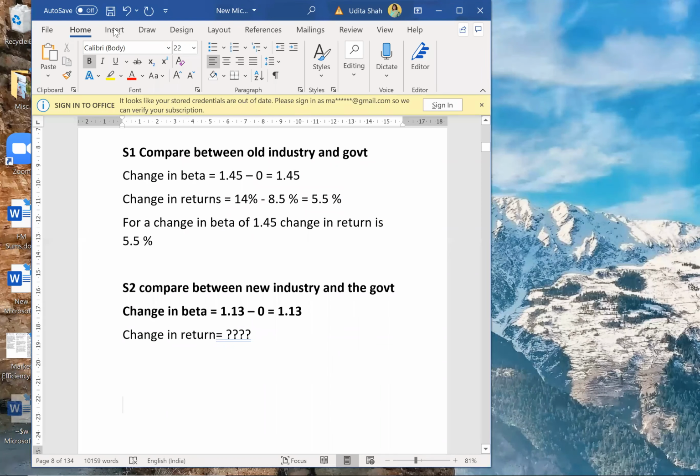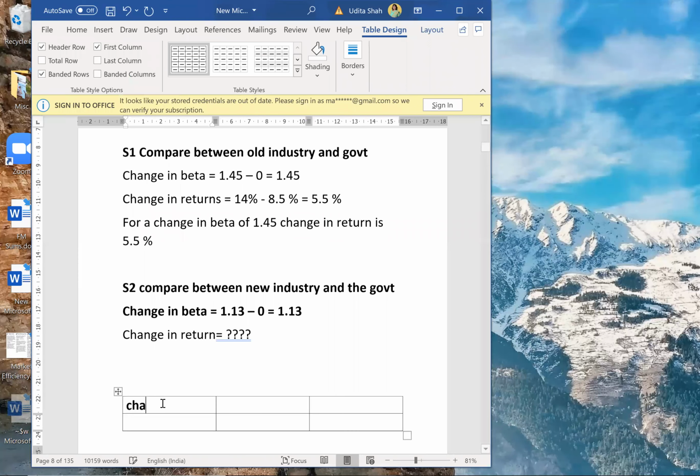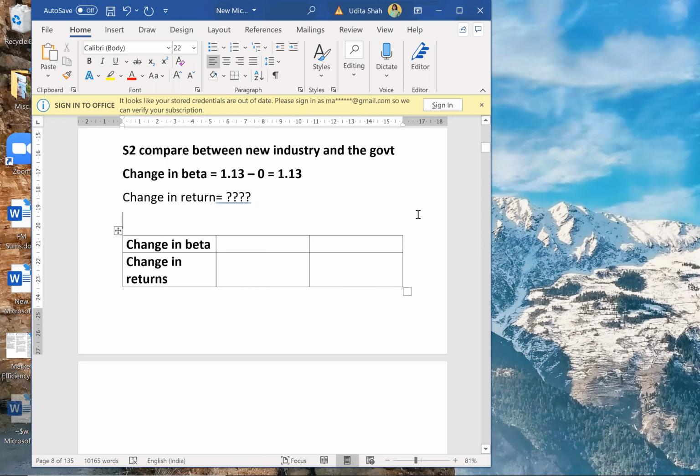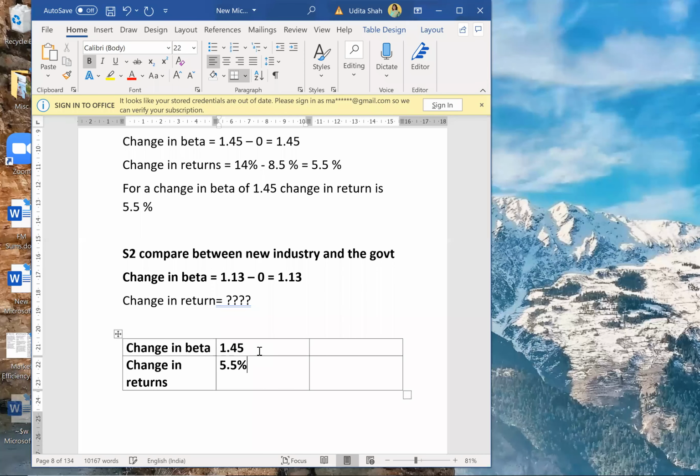Let us draw one more table, so it will be easier for you to understand. Change in beta and change in returns. For step one, change in beta was 1.45, and for that, change in return is 5.5%. And here, for a change in beta of 1.13, change in return is not known.